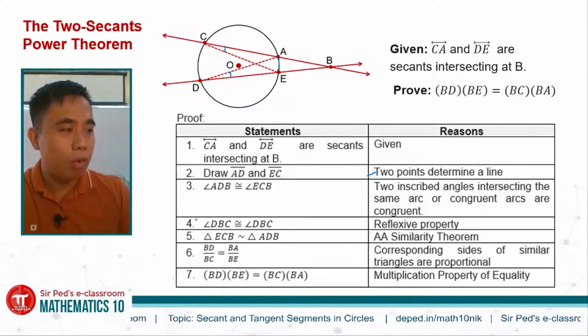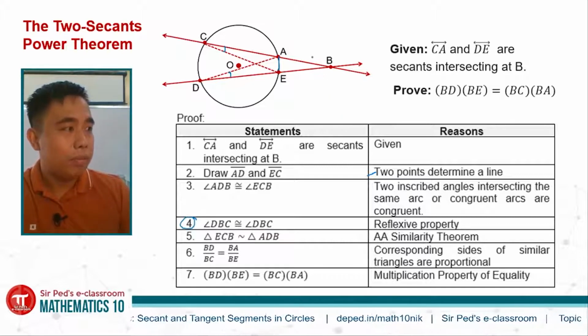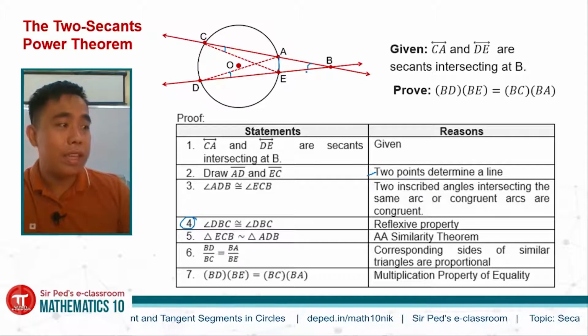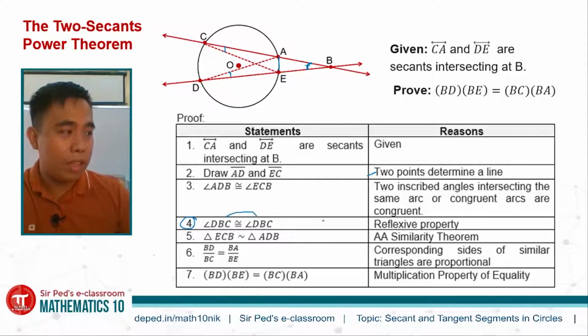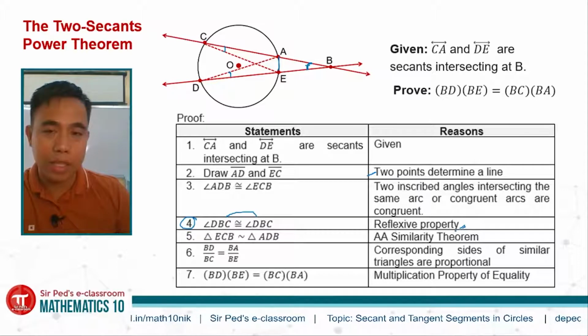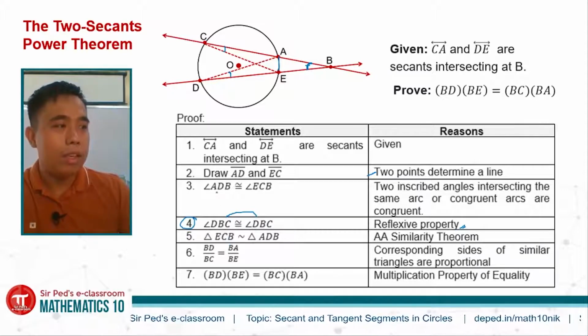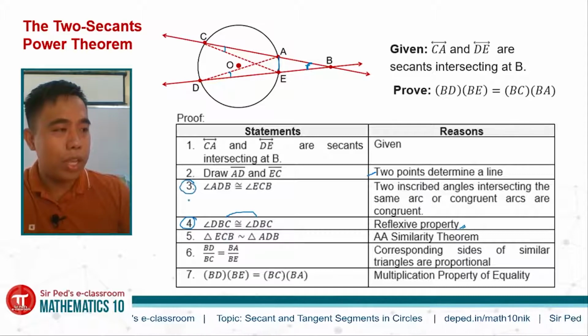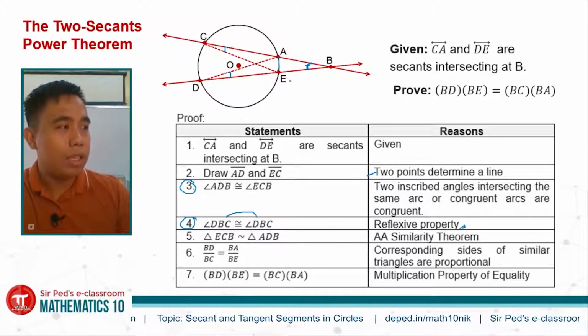And then number 4, angle DBC is congruent to angle DBC itself. Since these are the same angle, then by the reflexive property, they are congruent. We can now say, using number 3 and number 4, that triangle CBE is similar to triangle ADB.